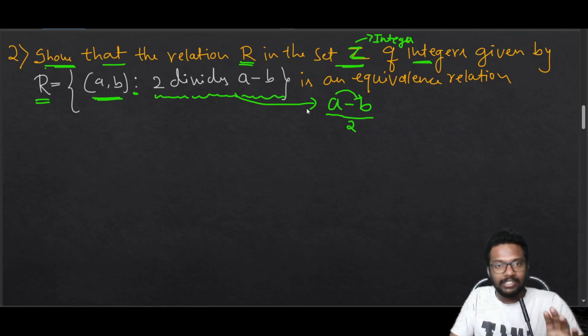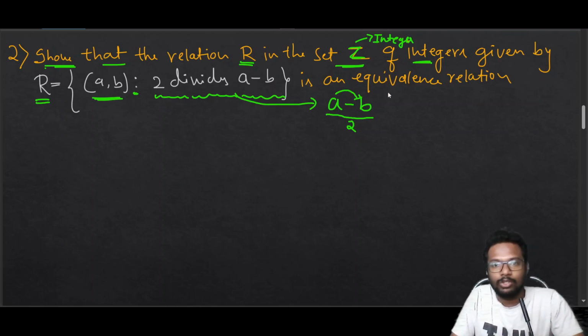This is how they have defined the relationship between a and b: subtract the two numbers and check whether it is divisible by 2. This is the overall question.